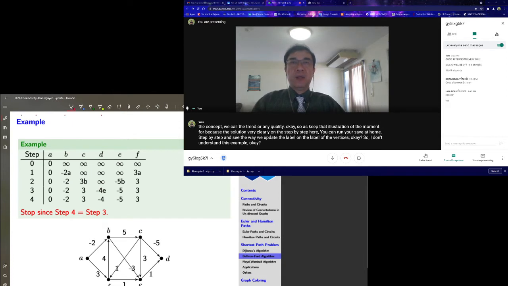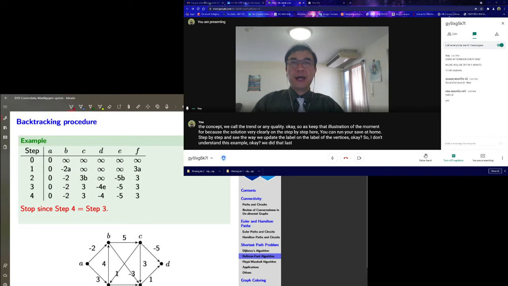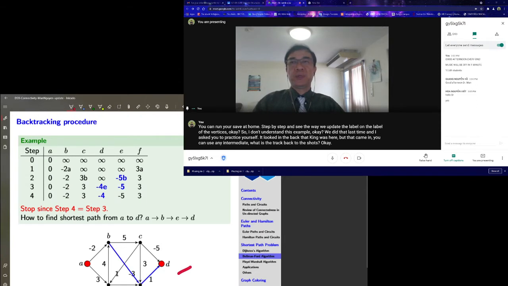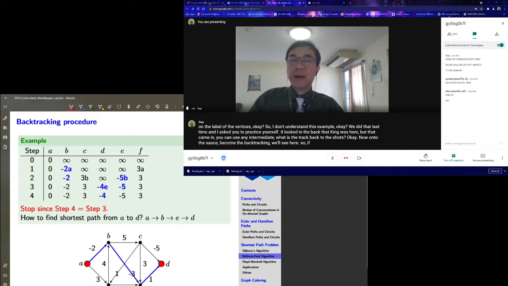We did that last time, and I asked you to practice yourself, including the backtracking procedure. Backtracking means you can choose any intermediate vertex and you track back to the source. So if we go from A to D by some path, then the backtrack will return you the path from the sink D back to the source A.